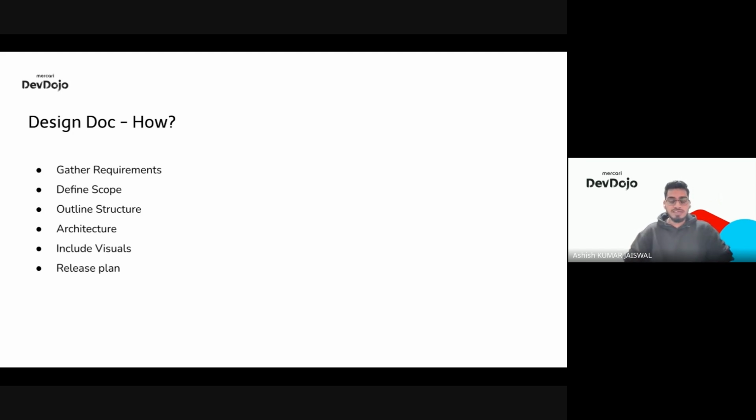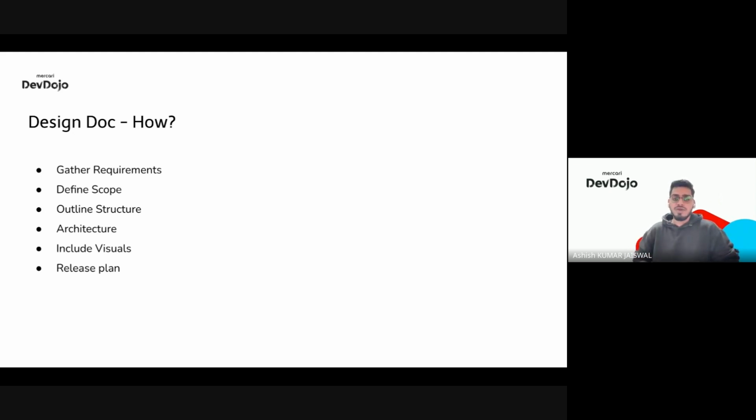The next one is including some visuals. It's really important to include some visuals if possible, for example, visuals about the use case, data flow diagrams, class diagrams, or sequence diagrams, which will help reviewers understand the system more clearly.